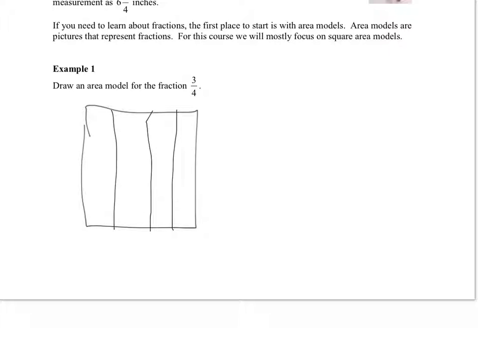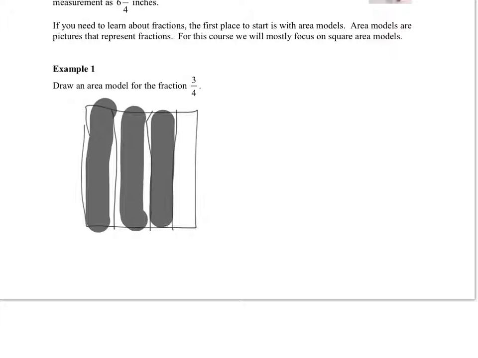Okay, so we've broken it into 4 pieces, but now the top number, which is the numerator, tells us the value of what we're talking about. If we said we need 3/4 of a loaf of bread, we know that the bread is cut into 4 pieces, but we only need 3 of them. So what we would do is shade in these 3 pieces.